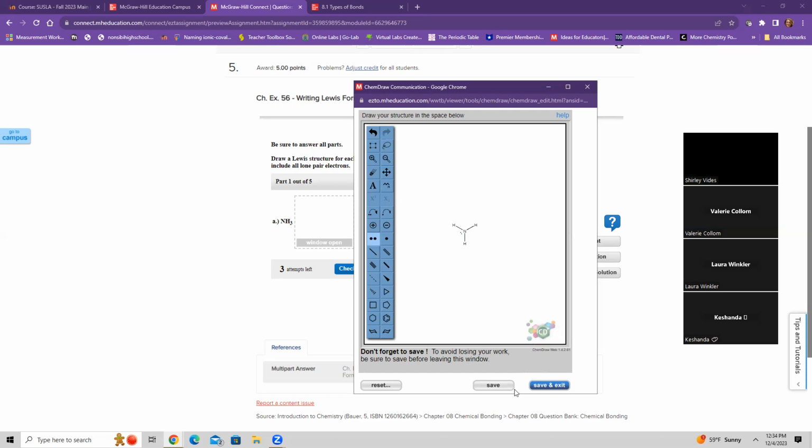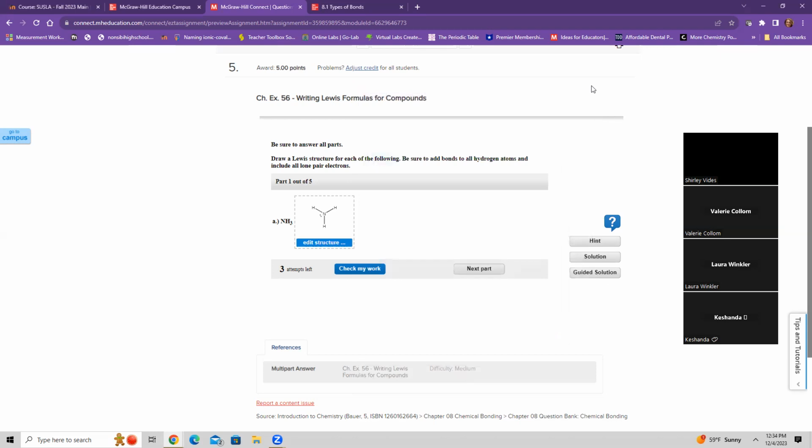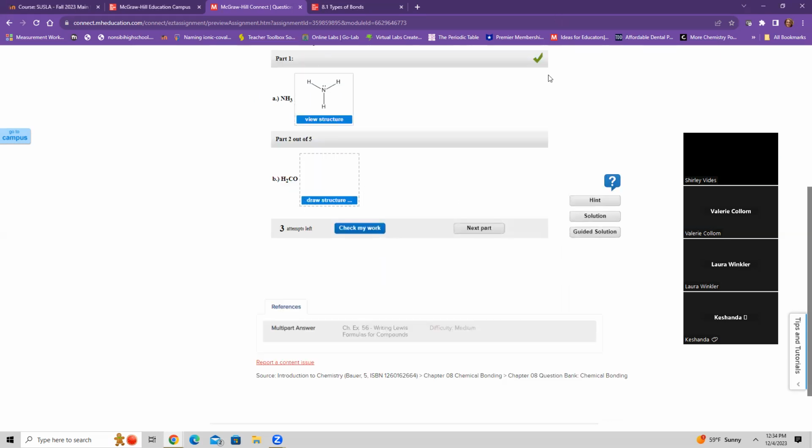All right, let's save and see if it'll like it. Come on, save. There, it did save. All right, now let's check it. See, it liked it now. You see that? Oh my goodness. It's because it needed to be a little bit crooked.